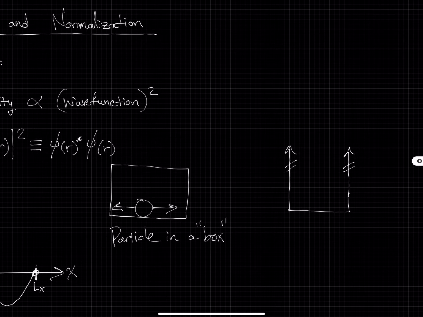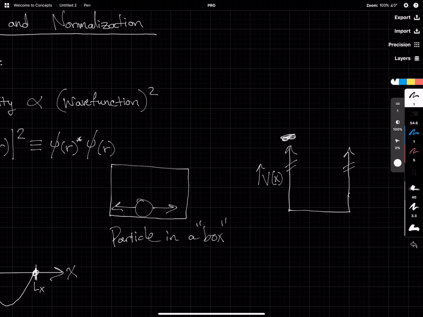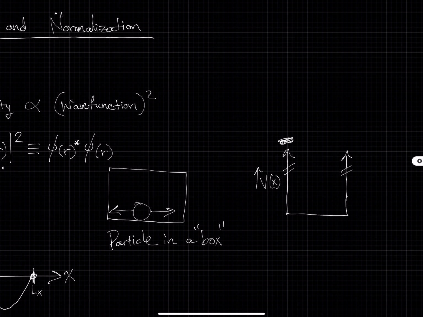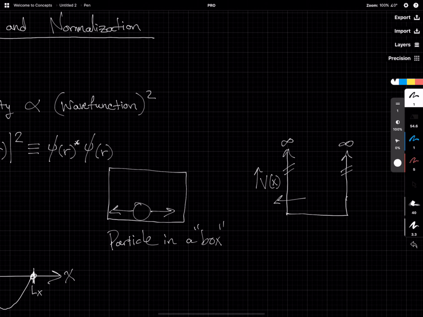So you have V of x in the x direction, and these walls, the potential of this goes off to infinity. That is to say, in order for a quantum mechanical particle to penetrate through the wall, it must have an energy that is infinity, which of course is not possible.